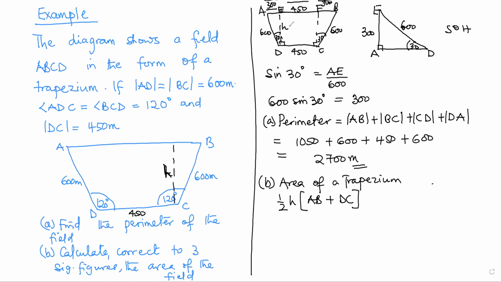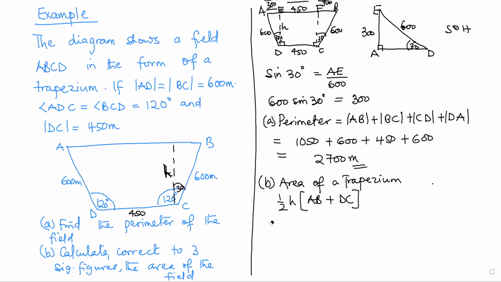So to find the height, already here is 30. So to find this height, this is opposite, adjacent, hypotenuse. So we have adjacent, hypotenuse. So if I have adjacent hypotenuse, it means cos comes to mind. So we are going to use cos.